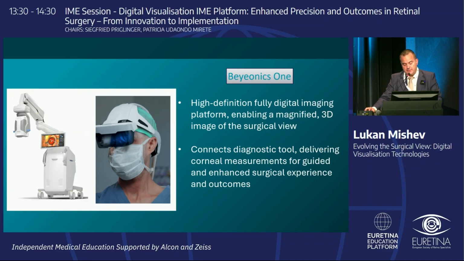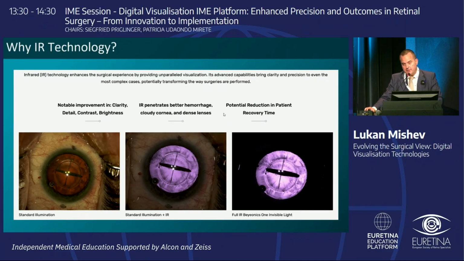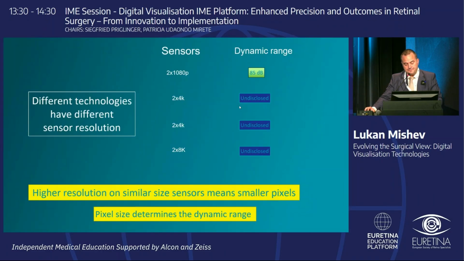What is interesting here is a recently patented imaging modality based on infrared illumination. In terms of enhancing the fundus reflex in anterior segment surgery, it is obvious that it is beneficial. It remains to be seen if it will find any use in posterior segment surgery.